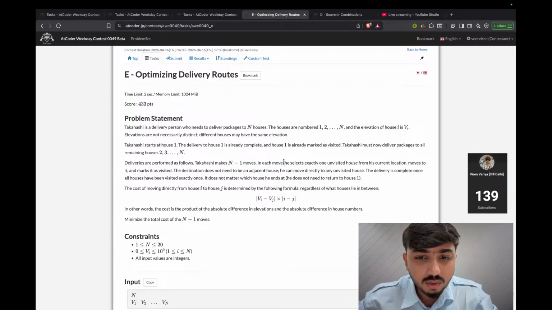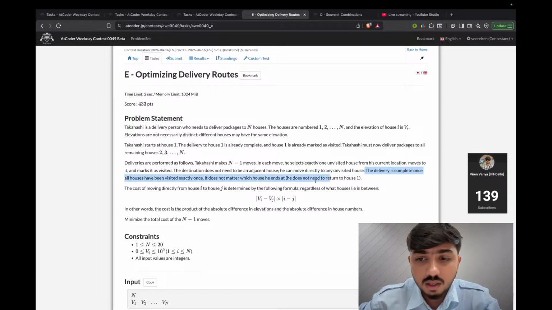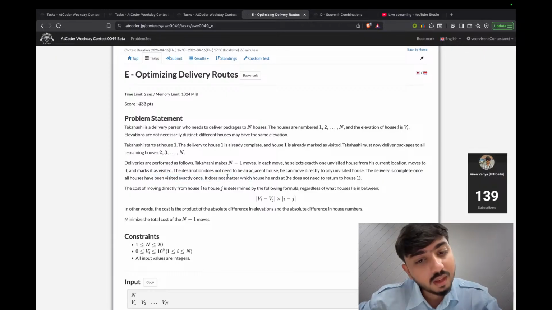In each move he selects exactly one unvisited house, moves to it and marks it visited. The destination doesn't need to be an existing house. He can move directly to any unvisited house. The delivery is completed once all houses have been visited. Exactly one. It does not matter which house he ends at.